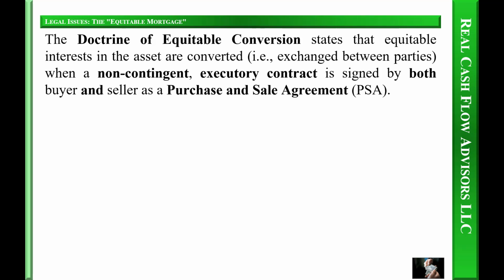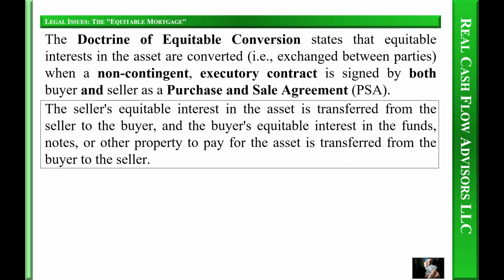The doctrine of equitable conversion states that equitable interests in the asset are converted, that is, exchanged between parties, when a non-contingent executory contract is signed by both buyer and seller as a purchase and sale agreement, PSA. The seller's equitable interest in the asset is transferred from the seller to the buyer, and the buyer's equitable interest in the funds, notes, or other property to pay for the asset is transferred from the buyer to the seller.